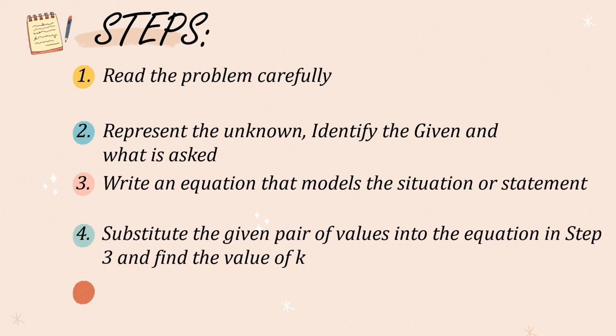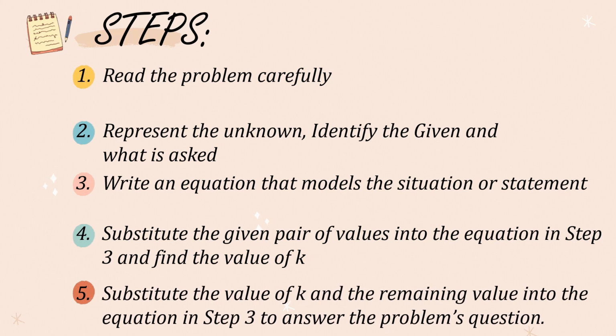Fourth, substitute the given pair of values in the equation in step 3 and find the value of k or constant. And lastly, substitute the value of k and the remaining value into the equation in step number 3 to answer the problem's question. O di ba? 5 step lang na solve na lahat ng problem natin.